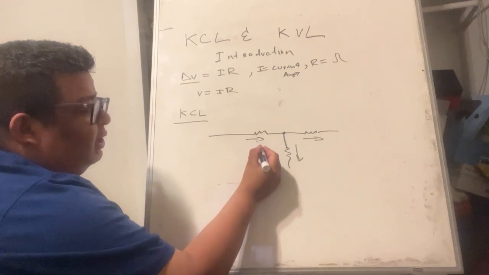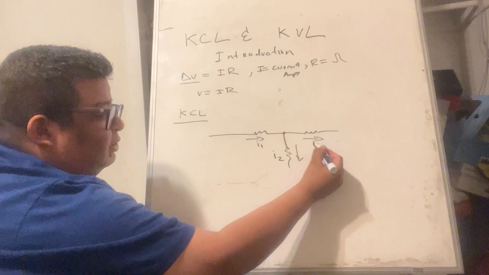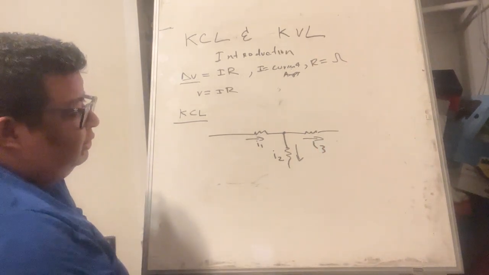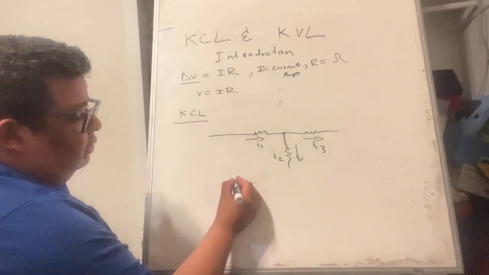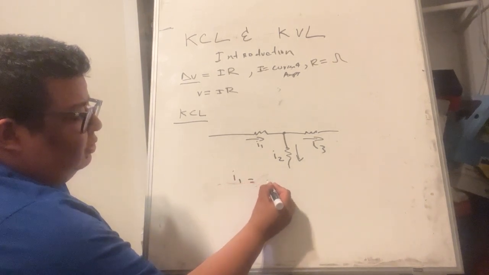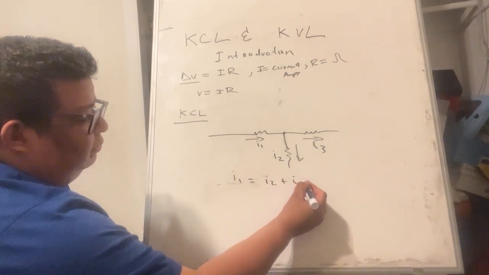Let's say this is I1, this is I2, this is I3. Kirchhoff's law says the current going in is equal to the sum of the currents going out.